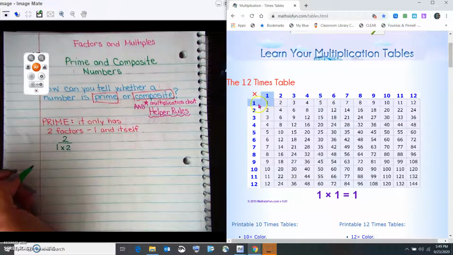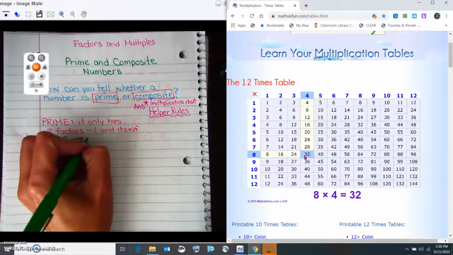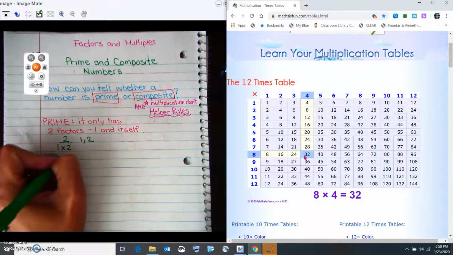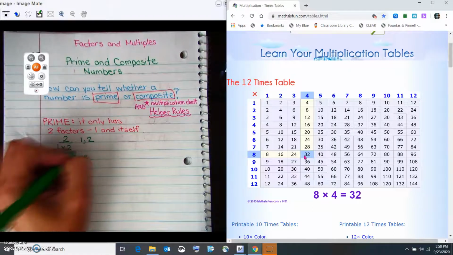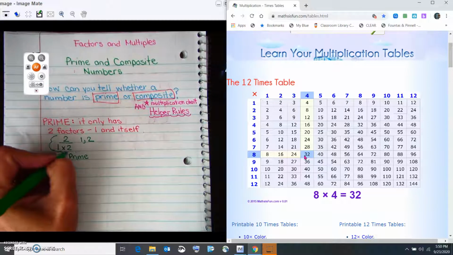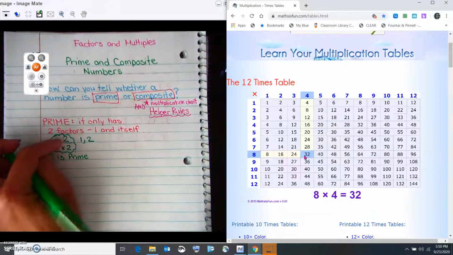It's 1 times 2 and 2 times 1, which is the same thing. But we cannot see 2 anywhere else on here. So that means the only factors of 2 are 1 and 2. So that means 2 is a prime number, because the only factors of 2 are 1 and 2. There's nothing else that we can multiply that's going to give us the answer of 2.